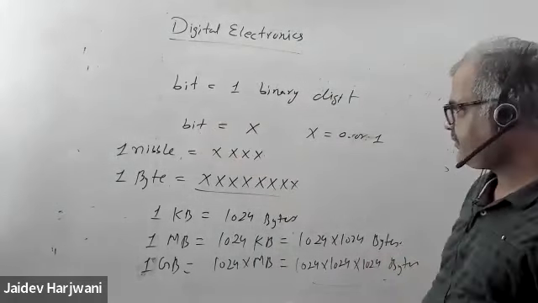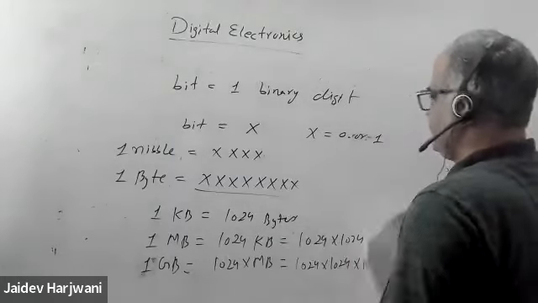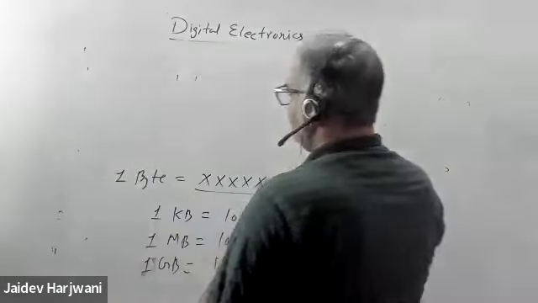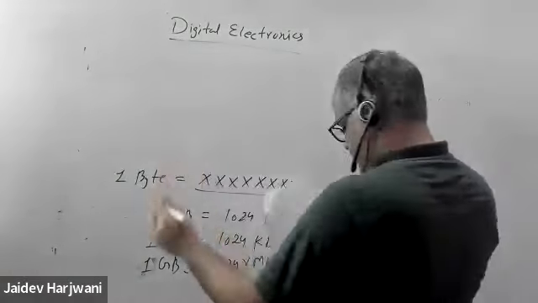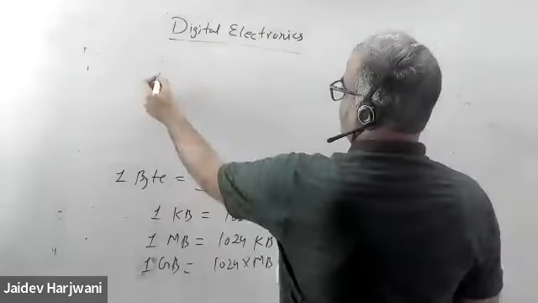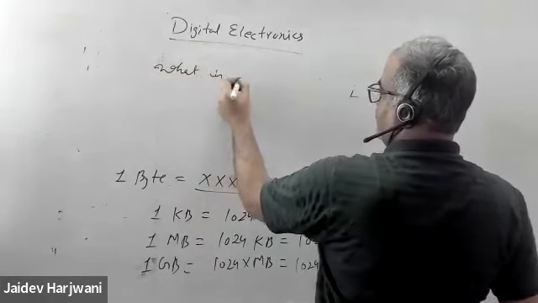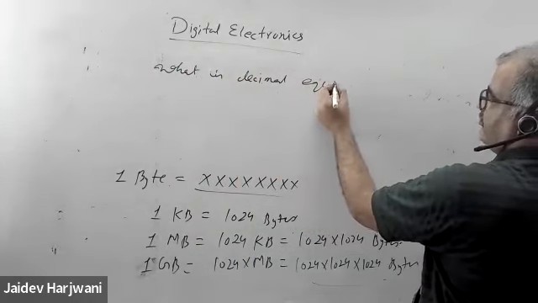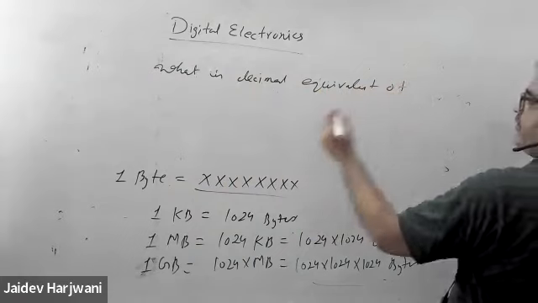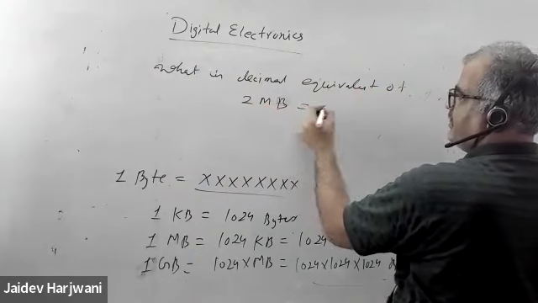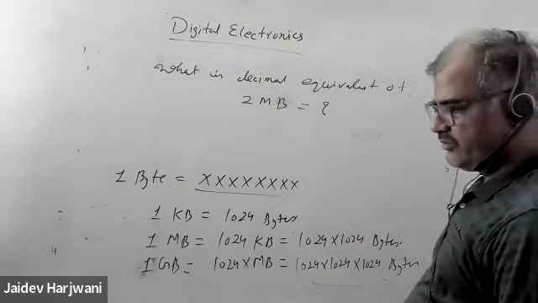Okay. Now suppose if I want to convert 2 megabytes. Can you tell me what is the decimal equivalent of 2 megabytes?